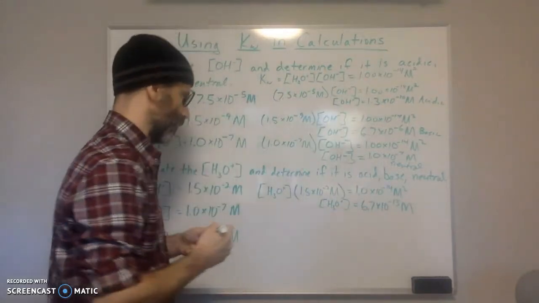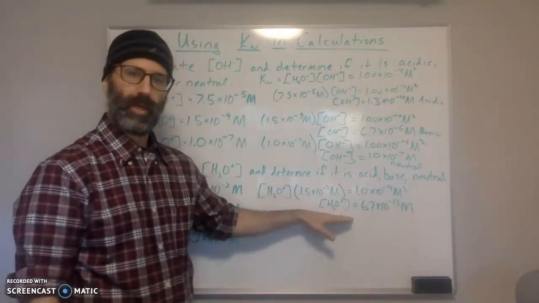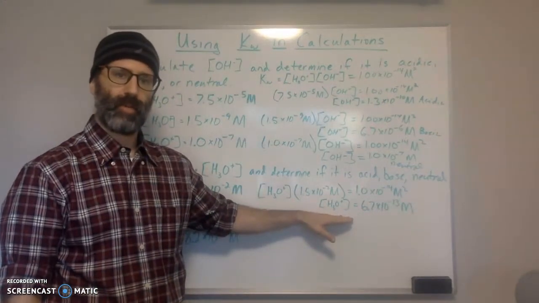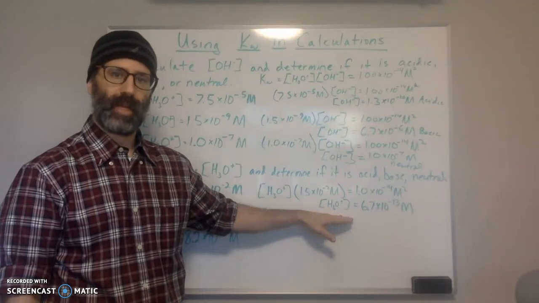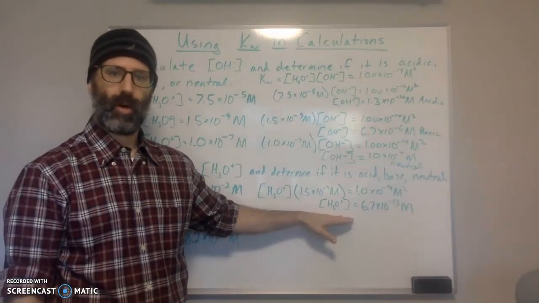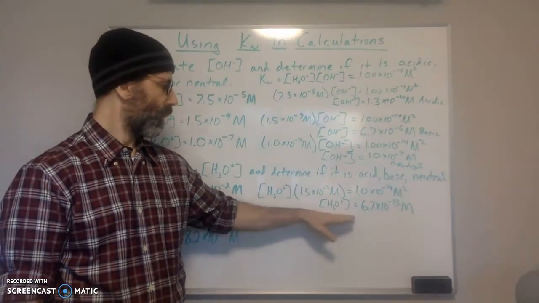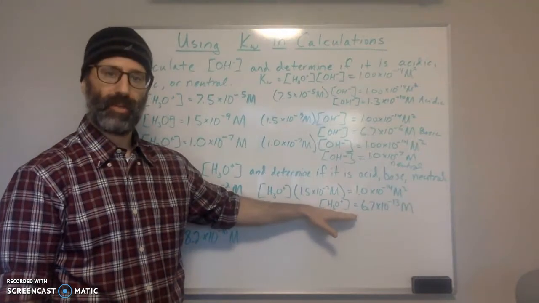So we look at that answer. Our H+ concentration is much less than 1.0 times 10 to the negative 7. So therefore, it's going to be basic.